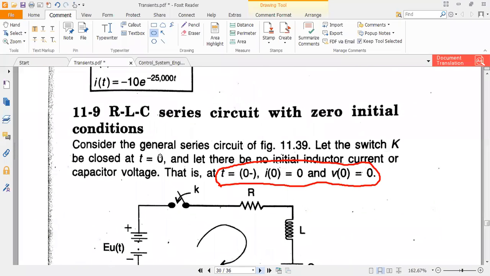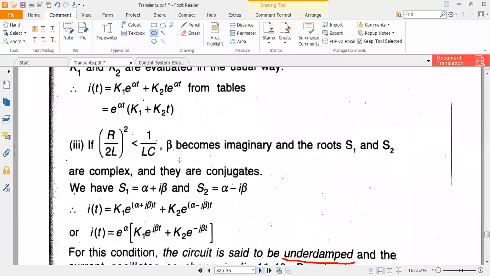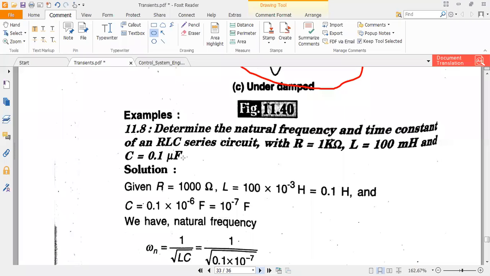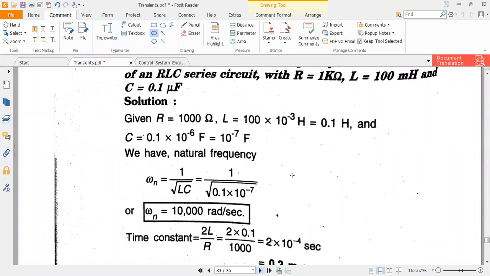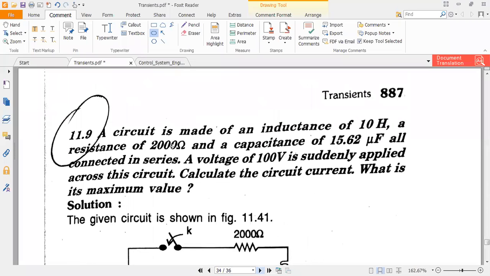So then RLC circuit. Let me see, is there any problem based on the RLC circuit? So that we will discuss. Yeah, so let me take one problem on the RLC circuit.